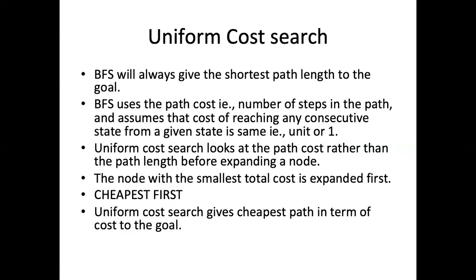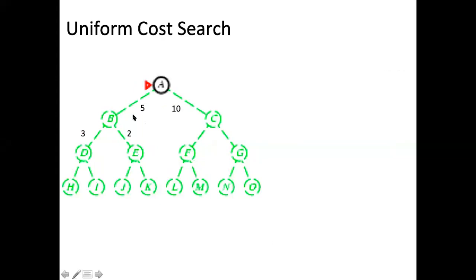The uniform cost search. The example that I gave you last time on uniform cost search was that from A you choose a path that has a lower path cost. Let's say the cost of moving from A to B is 5, and the cost of moving from A to C is 10.